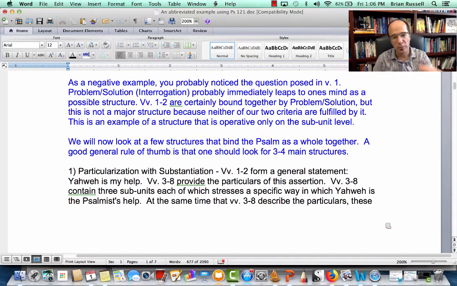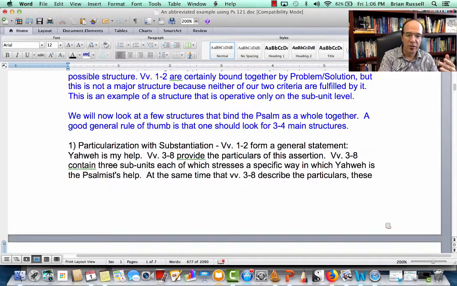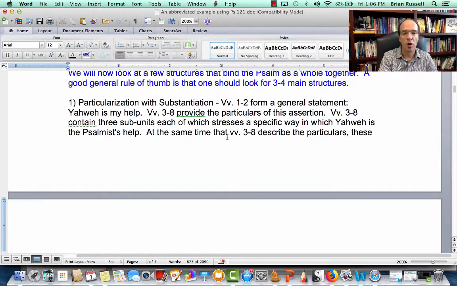Now also, and you could have broken this off, you could also say that verses 3 to 8 connect with verses 1 and 2 by means of substantiation. Again, they give reasons why you can say, Yahweh is my help. And so when you identify a structural relationship, notice what I've done.